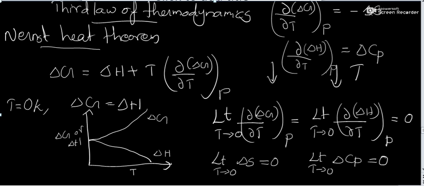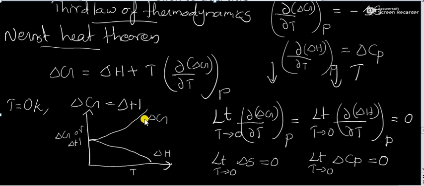Another scientist called Richard made an observation during his experiments on the EMF of cells at low temperature that the quantity dou by dou T of delta G at constant pressure decreases with the decrease in temperature. Then delta G and delta H approach each other more closely.